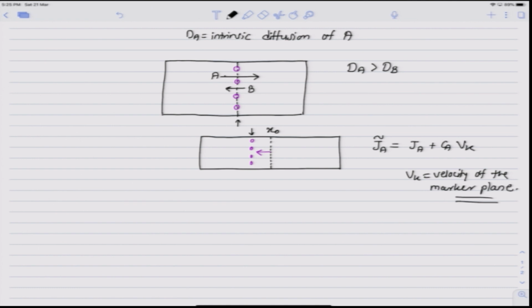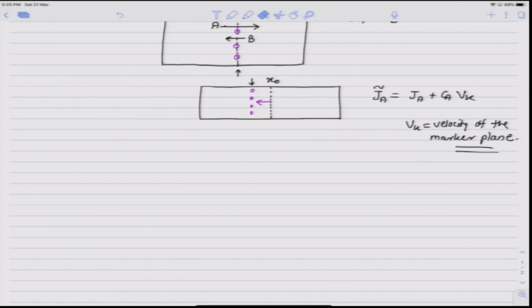This new frame of reference, that is the lattice fixed frame of reference, is also referred to as the Kirkendall frame, and so we write the notation for velocity as V subscript k.